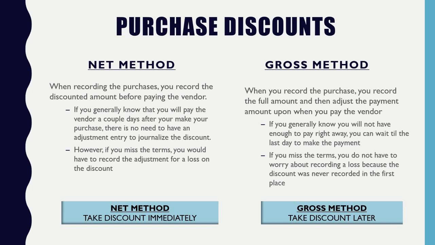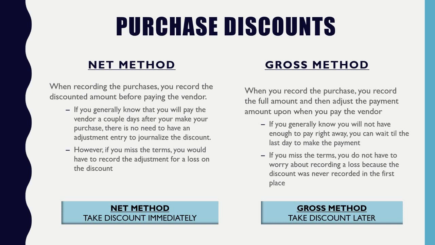Great, I can pay you within the next couple days or within that week. Then that's something you want to use the net method for, where you are purposely taking the discount into account and processing it at the discounted price. So with a net method, you're taking the discount immediately. So again, you're recording the purchase of the items at the discounted price.